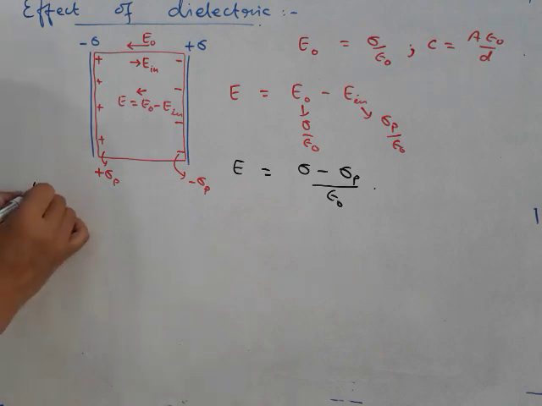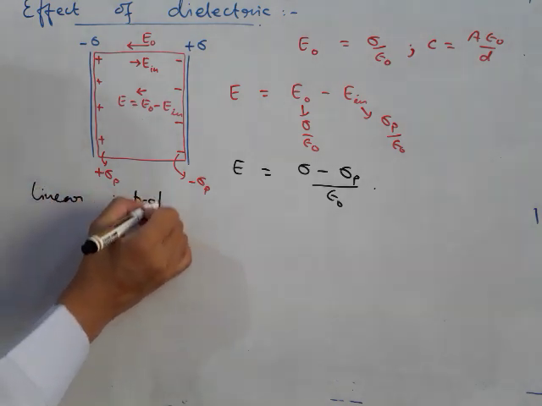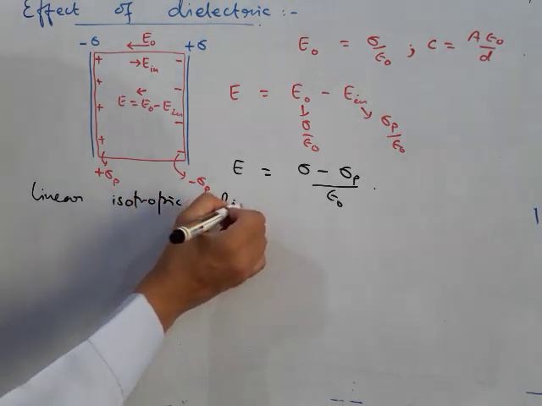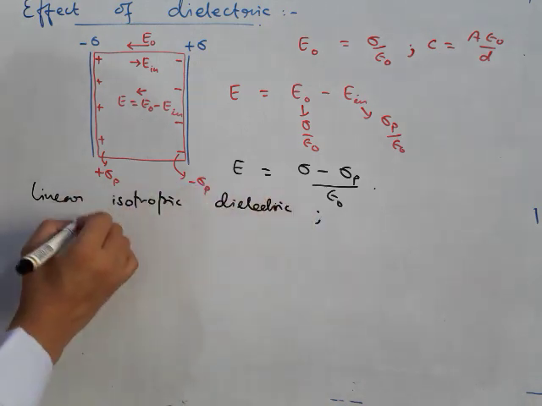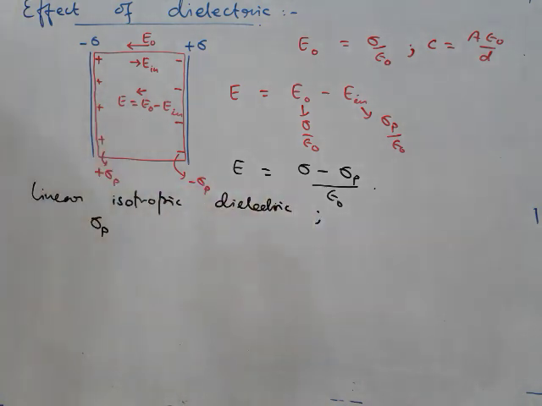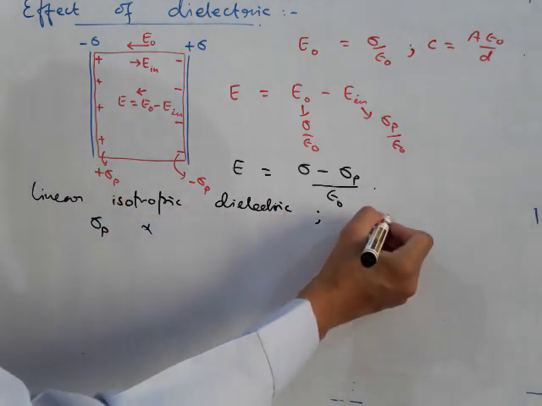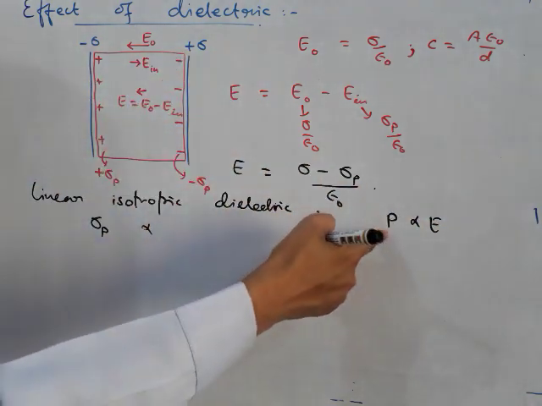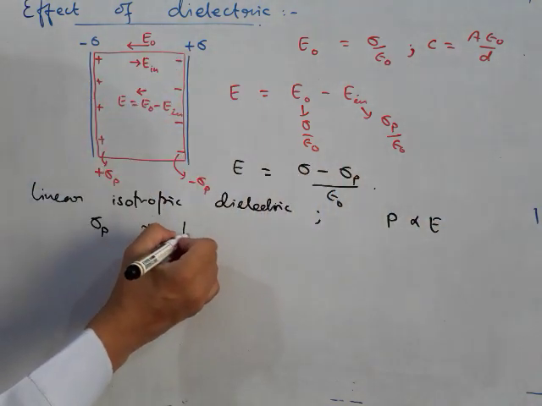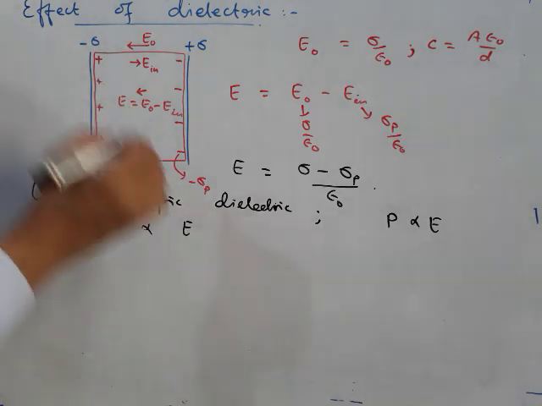For a linear isotropic dielectric, which we have discussed earlier, polarization is proportional to E. Polarization depends upon sigma p, so we write sigma p is proportional to E, I mean E naught.